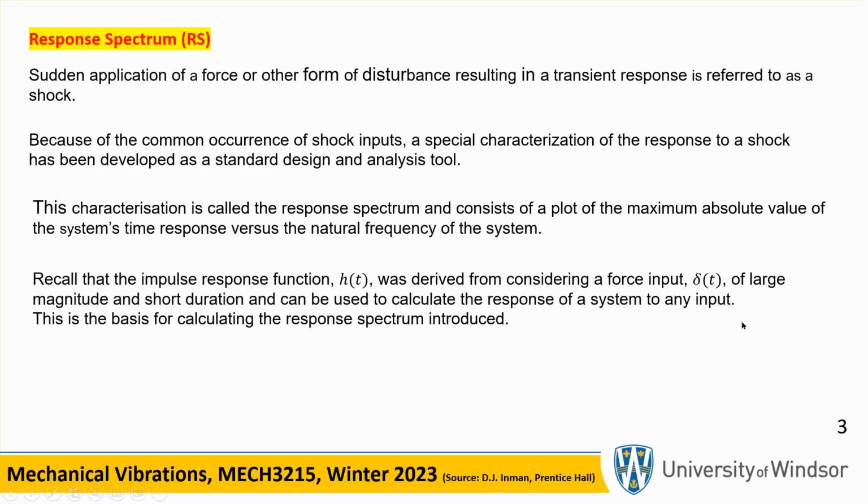Now remember, impulse was a different situation. It was a short duration of the application of the load, where the load was being removed during that duration. And the idealized impulse function was a delta function. When we did this, we called the response due to the unit impulse function h of t, the impulse response function.